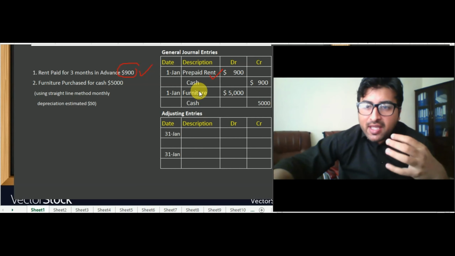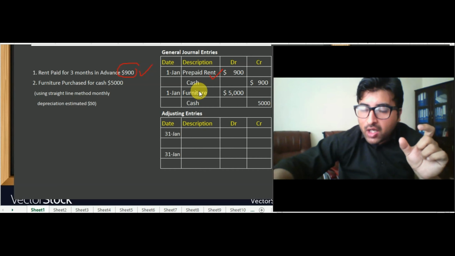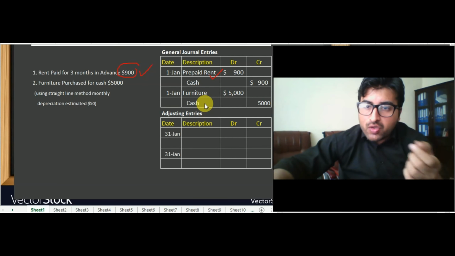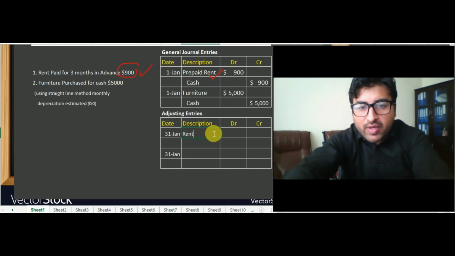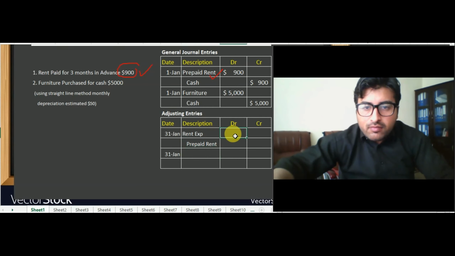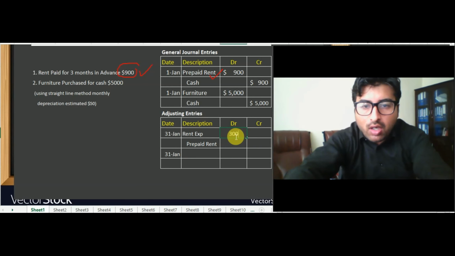So you can say the $300 out of $900 we have used. So that is an expense. What you should do is debit the rent expense account and credit the prepaid rent account. How much? $300 and also $300.